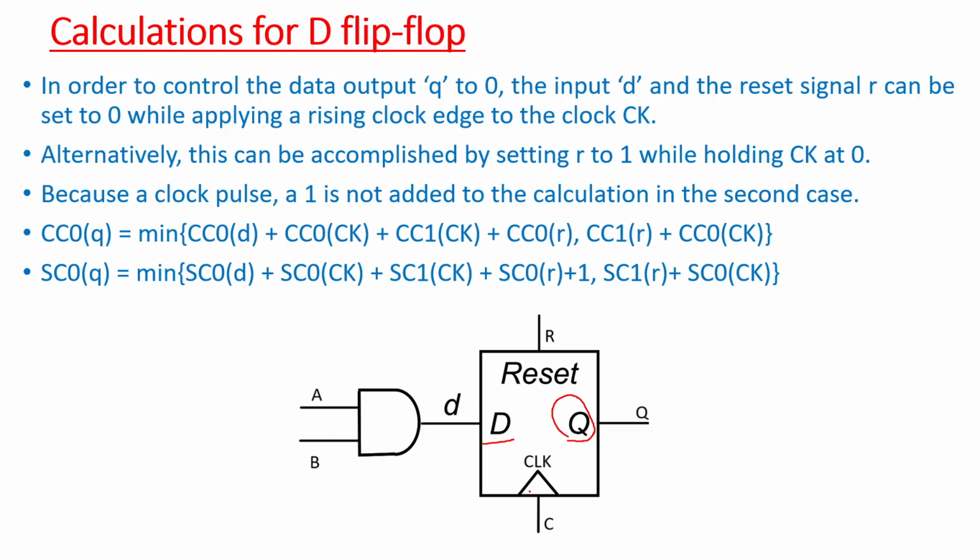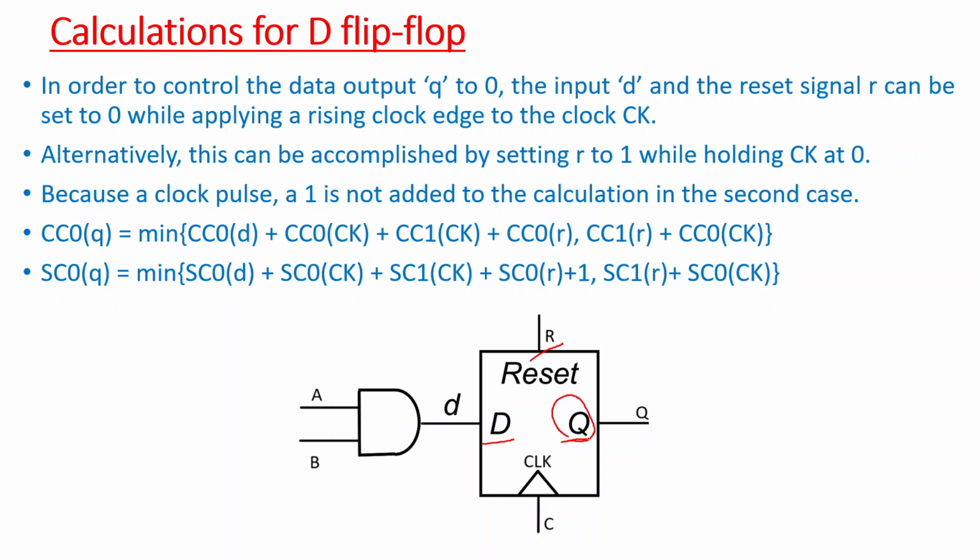This is a positive edge triggered clock, so we will apply a rising clock edge to the clock. Or we can apply a reset equal to 1 and the clock should be at 0 only. In these two ways, the output can be set to 0.